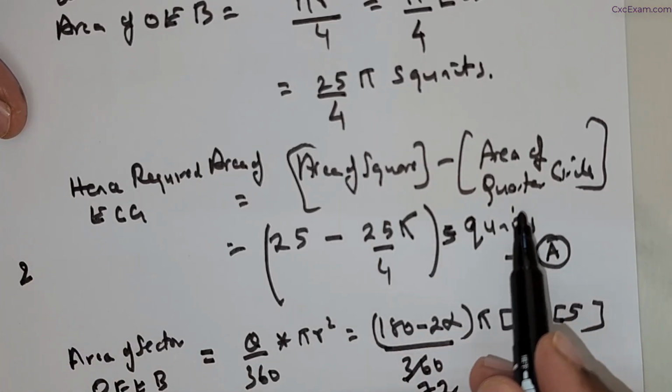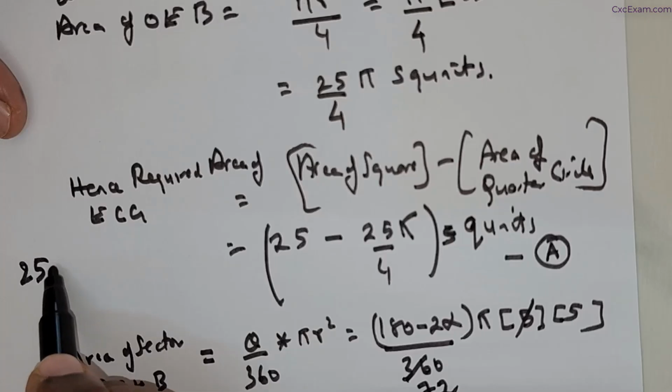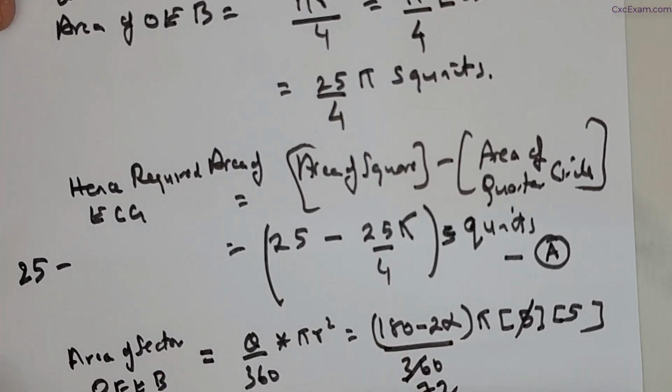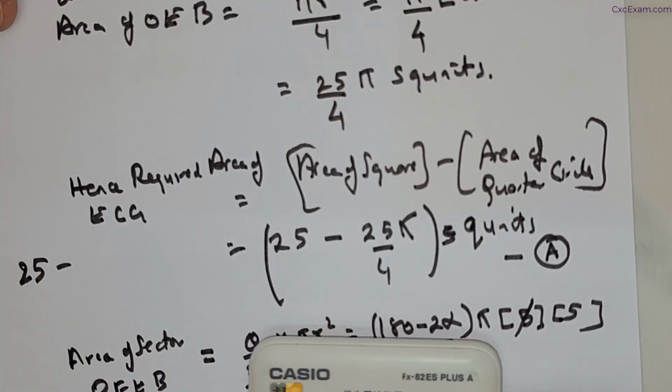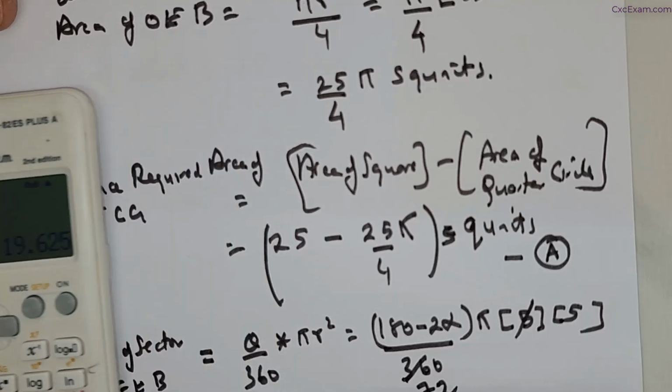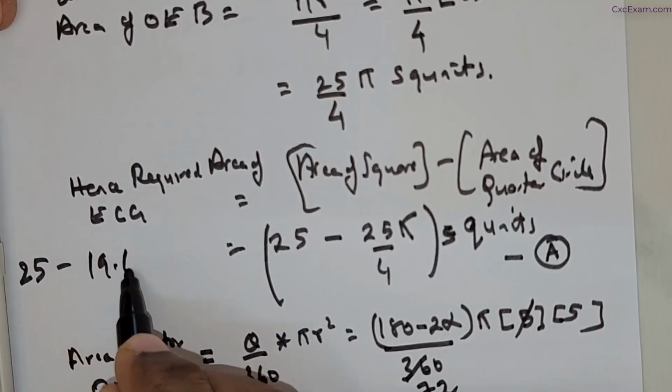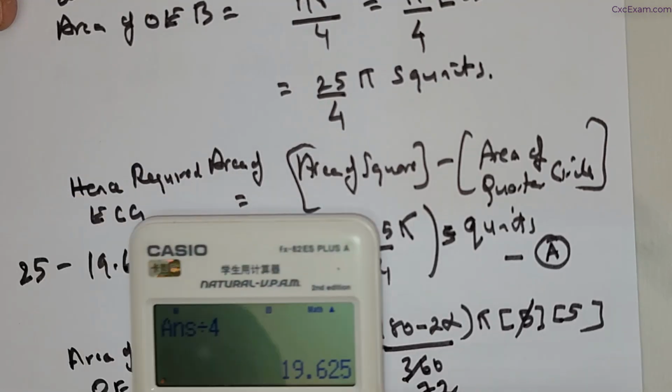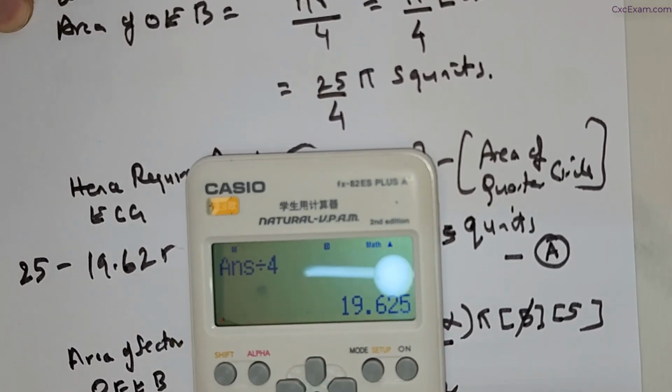From the area of the square I am taking away the quarter circle. Alright, so pi is 3.14. Let us check what we are getting here. 3.14 multiplied with 25 divided by 4 gives 19.625.